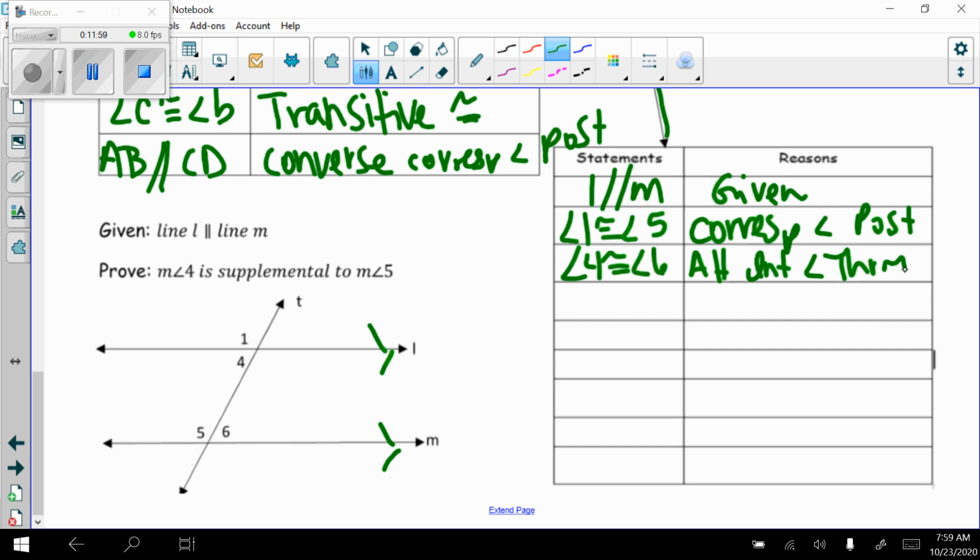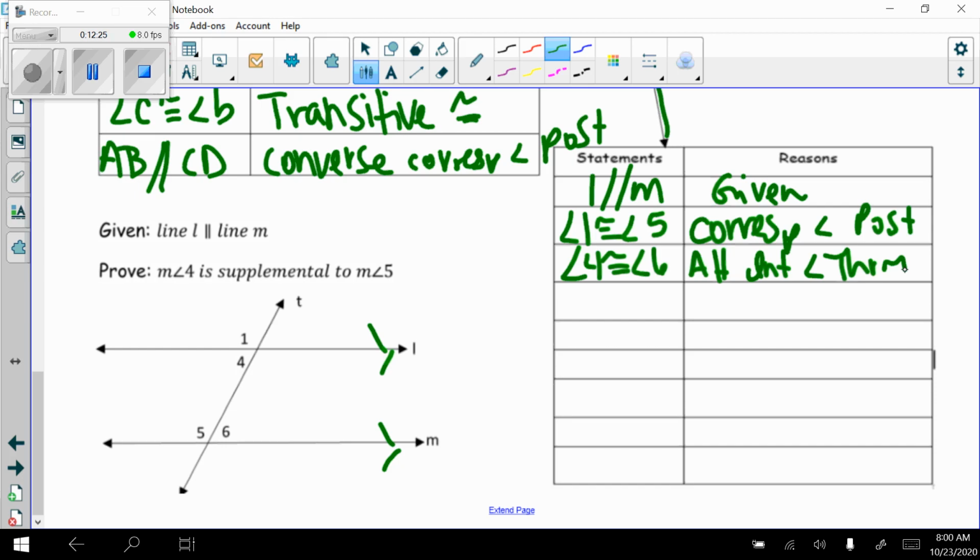I need to get 4 and 5 added together to be 180. I can say that angle 1 and 4 add together to equal 180. I can say that 5 and 6 add together to equal 180.